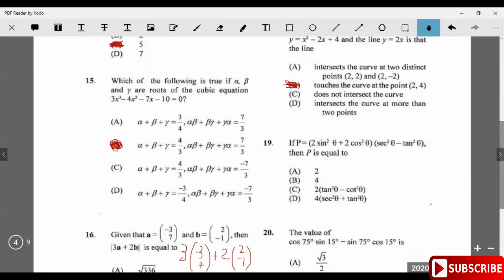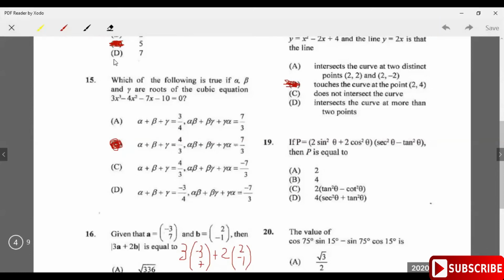Question 19. It says, if P is equal to 2 sine square theta plus 2 cos square theta, times sec square theta minus tan square theta, what is P? Now if you factor out 2 right here, sine square plus cos square is 1. And so this is really 2 times sec square minus tan square. But sec square is 1 plus tan square theta.